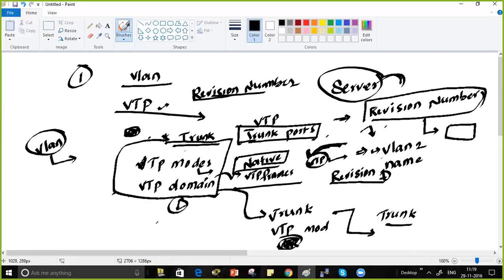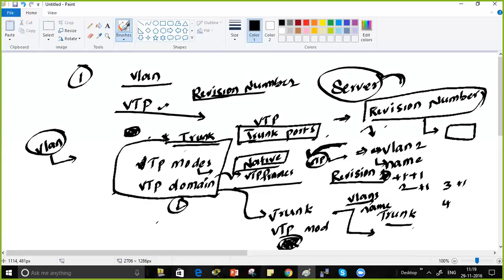Whenever you configure VLAN, at that time it will add 1. Whenever you add a name, at that time it will add one more: 2. Now you add VLAN 3, meaning you modified the VLAN data, so it will add one more: 3. If you add a name to this VLAN, it will add one more: 4.